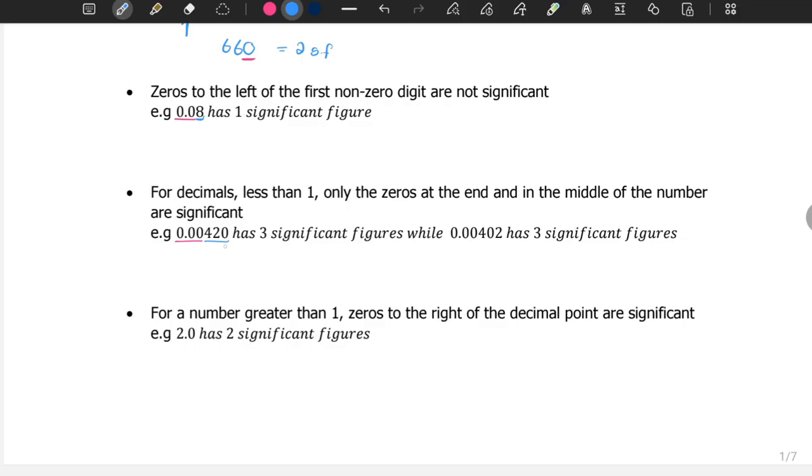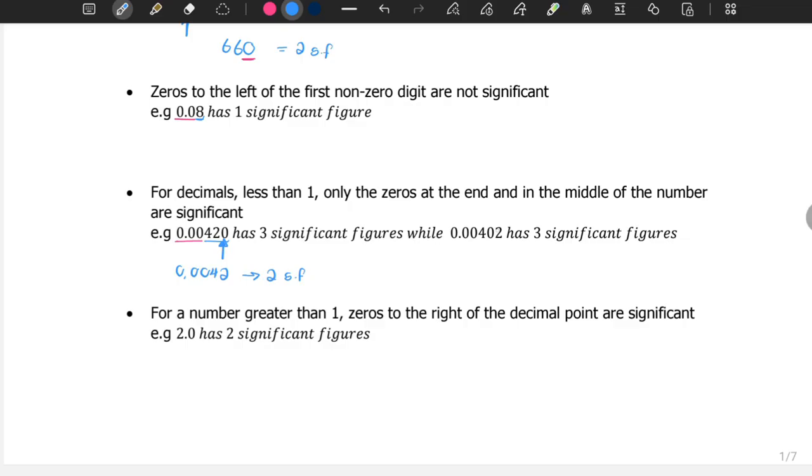But because this 0 has been added at the end, after the 2, it is also significant because it was added intentionally. If it had just been 0.0042, that's the same value, but this one is 2 significant figures, while the one up there has 3 significant figures, right?